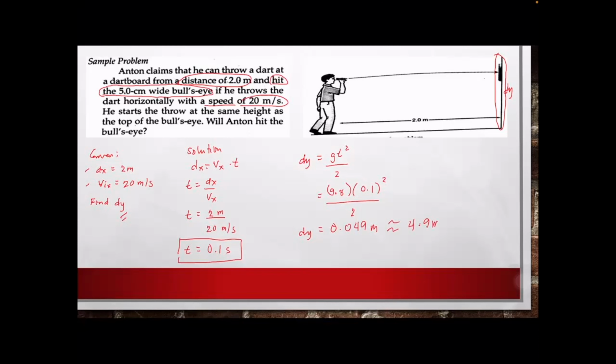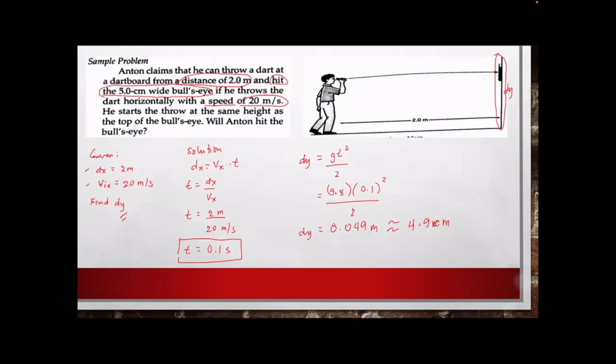Now, ang tanong is, mahihit niya ba yung bullseye in terms of this given? If we're going to round it up into whole number, it will be 5 centimeters.